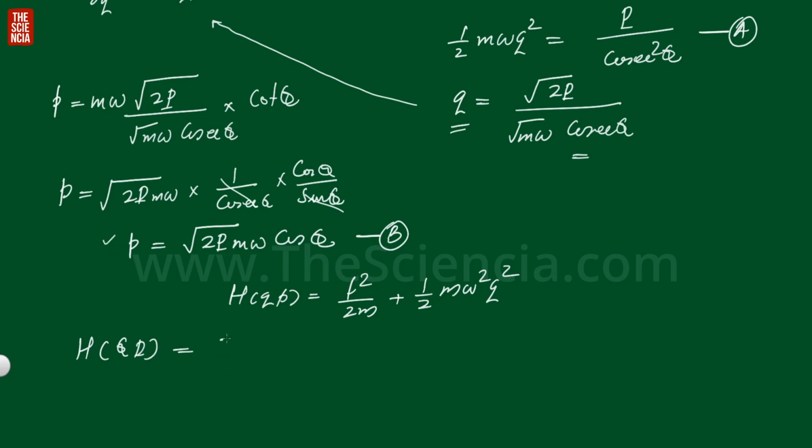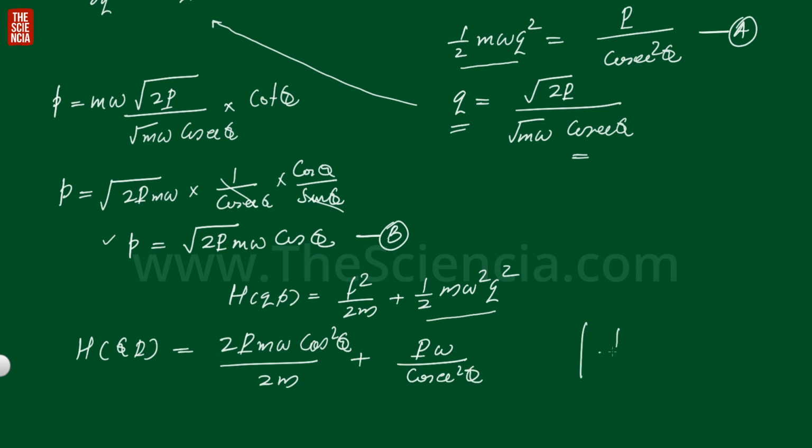So we get it is equal to 2P m omega cos square Q by 2m plus 1 by 2 m omega square q square, where 1 by 2 m omega q square is equal to P by cosec square Q. So this term will be equal to P omega by cosec square Q, and we know 1 by cosec square Q is equal to sine square Q. So we get this new Hamiltonian K of Q, P is equal to capital P omega. So we got the new Hamiltonian.